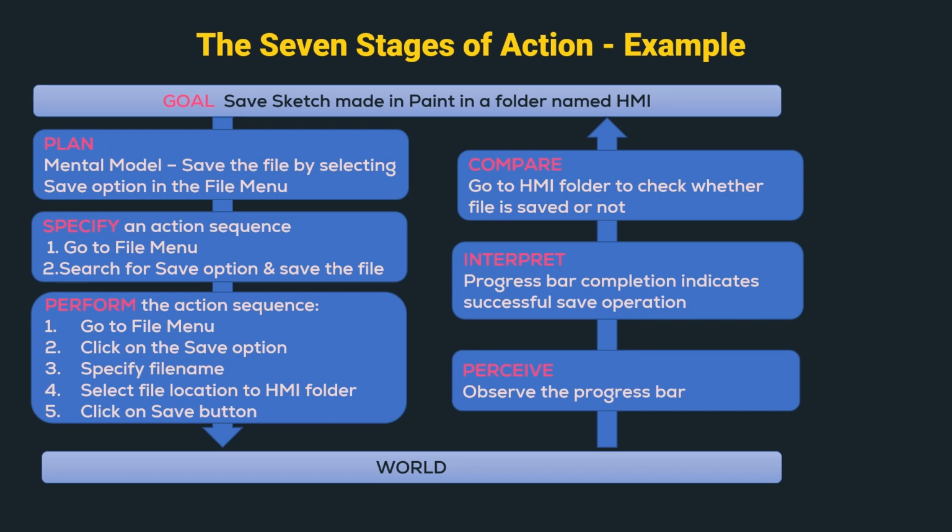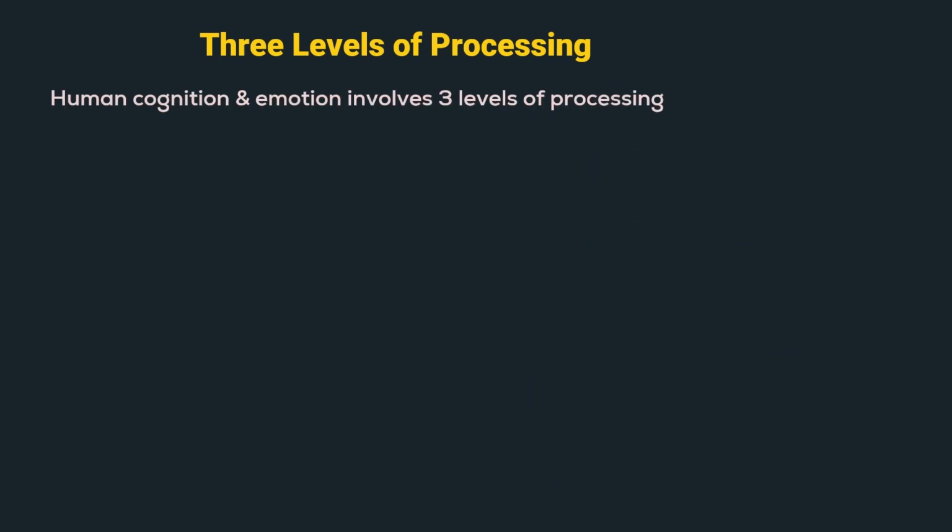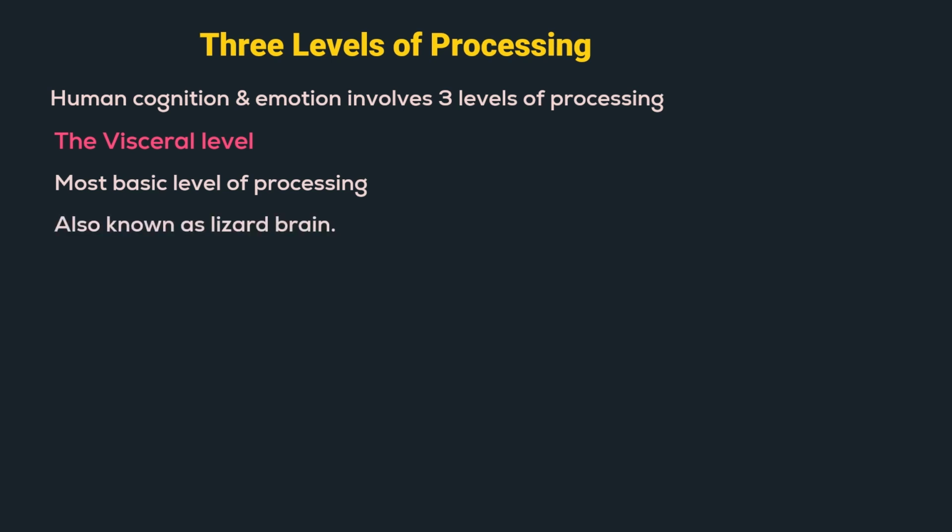Now, let us understand the 3 levels of processing. Human cognition and emotion involves 3 levels of processing. The first level is the visceral level. It is the most basic level of processing. It is also known as lizard brain. It allows us to respond quickly but subconsciously.